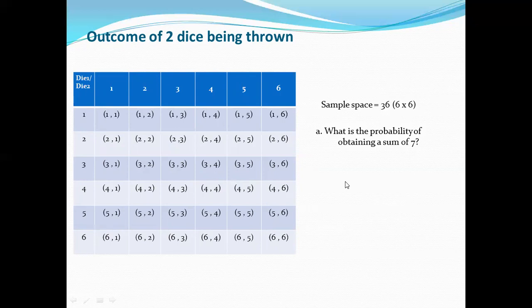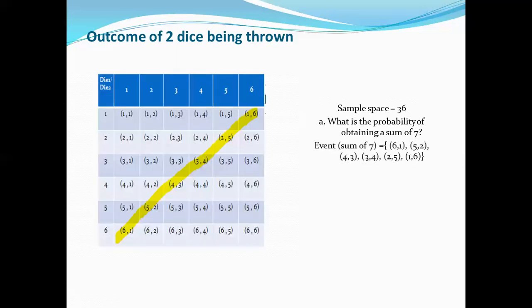Okay, so the first probability asked is obtaining a sum of 7. So how do we get that? And the next problem is the probability of obtaining a sum of 5. So let's solve first the first problem. Given the sample space of 36, the probability of obtaining a sum of 7 would be, okay, ito yung mga event natin.